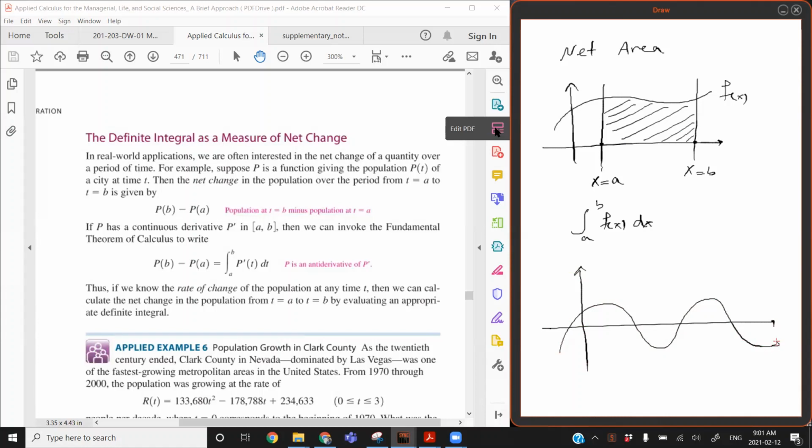So f of x is a function that within the range from x equals a to x equals b, sometimes it's above the x-axis, sometimes it's below the x-axis, then goes above, then goes below. So it's not always positive.